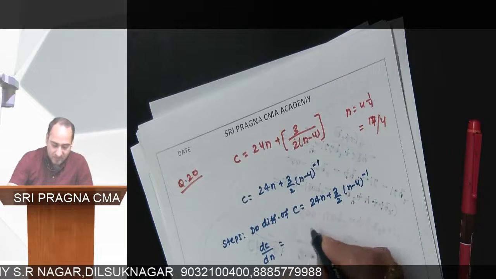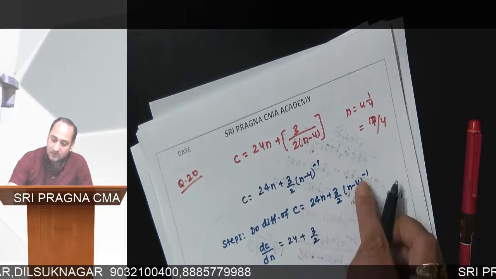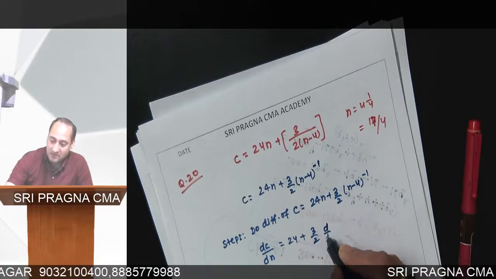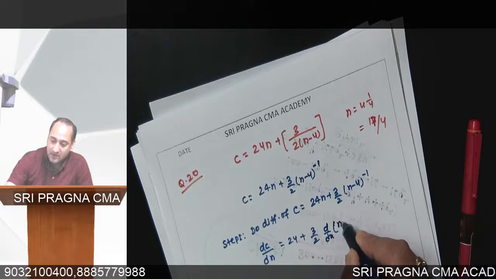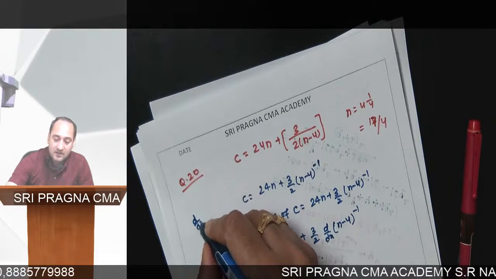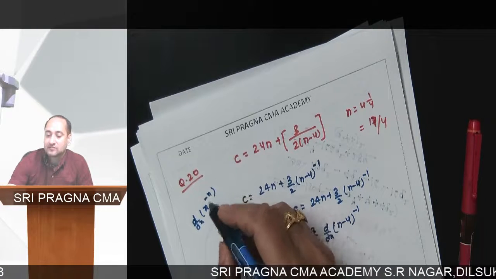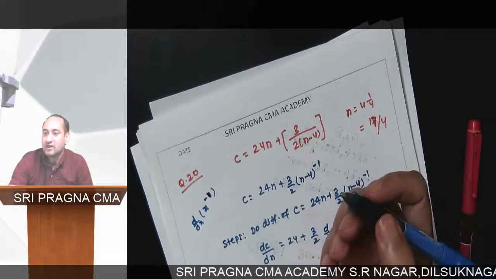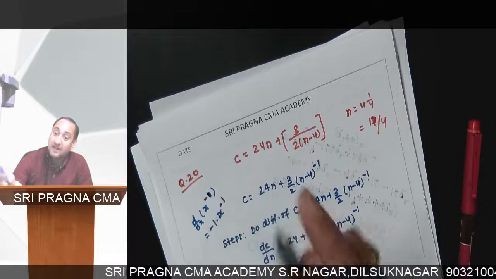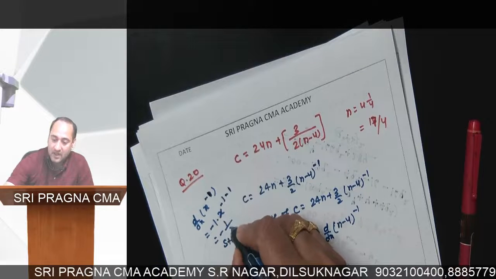So let us see how much it will come. 24 plus 3 by 2 times, minus 1, n minus 4 to the power 1. When we differentiate x to the power minus n, we write minus 1 into x to the power minus 1 minus 1, so we get minus 1 by x square.